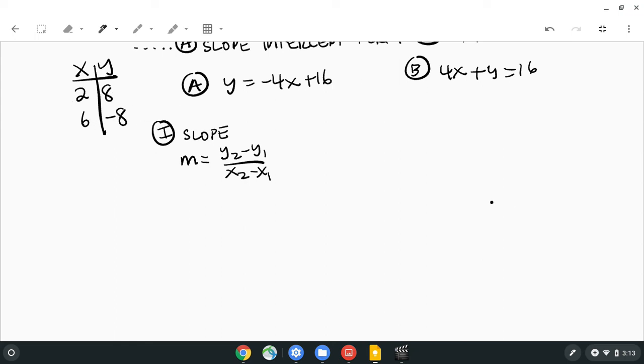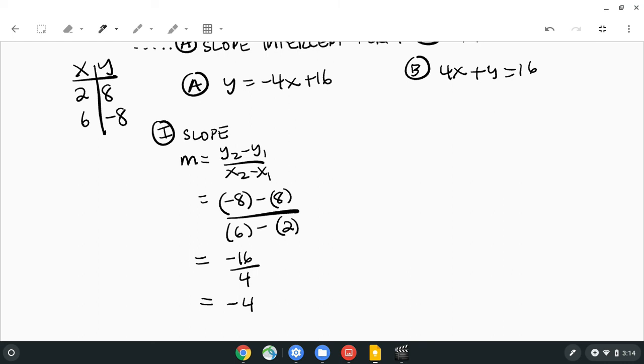So y2 is -8 minus y1, which is +8. And x2, my second x, is 6, and my first x is 2. So here we get -16 in the numerator and 4 in the denominator, and that simplifies to -4. Okay, so we have our m.